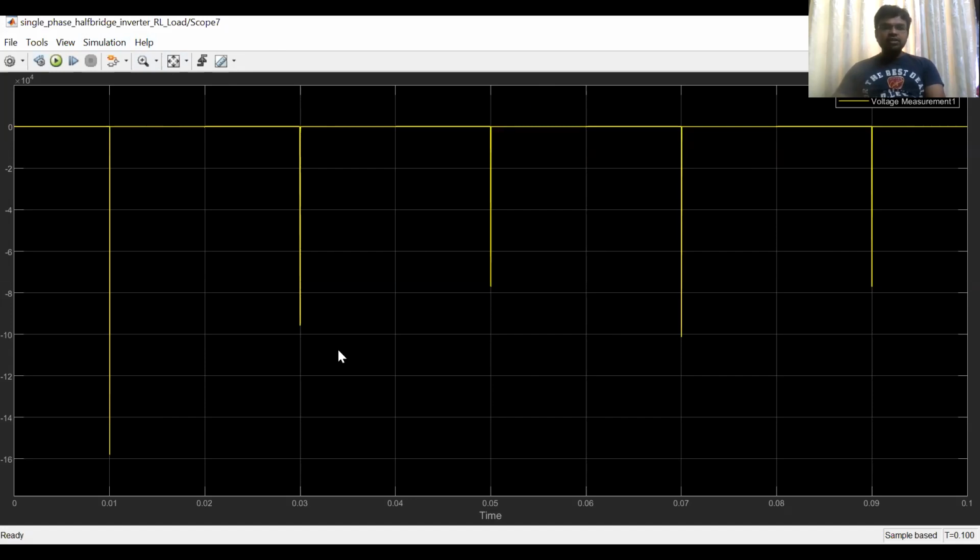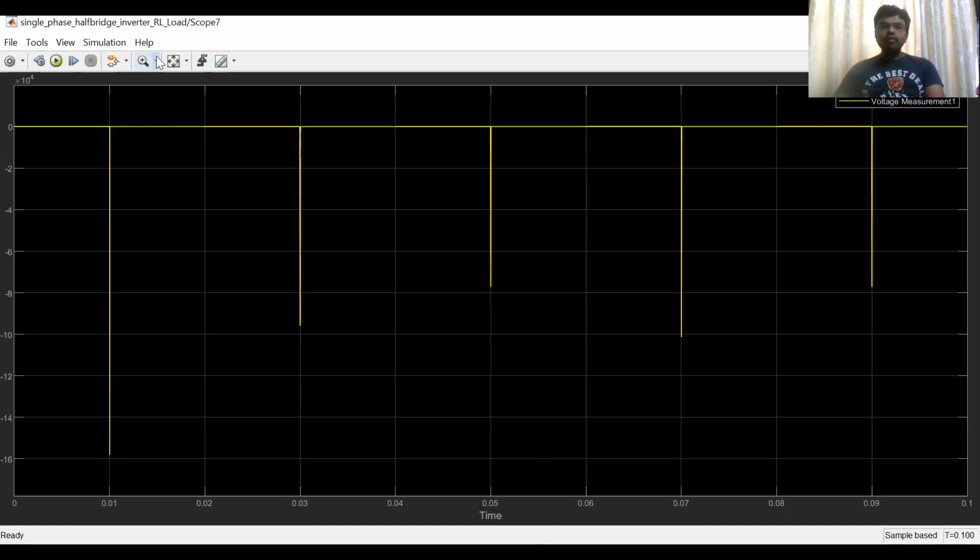The output is not clear because this spike magnitude is minus 16 into 10 power 4. That is most important. Why am I getting spikes in the negative half cycle only? I said clearly, I have used the feedback diode in the positive half cycle case, that means the upper switch, and I didn't use any feedback diode for the negative half cycle switch, that means the lower side. That's why I'm getting the spikes for the negative half cycles only.